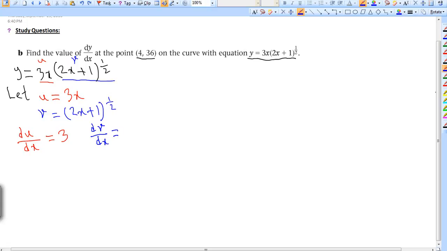Let me write this down over there. dv by dx. Now we are going to differentiate the second part of this equation. At first let us discuss how we gonna differentiate v with respect to x.